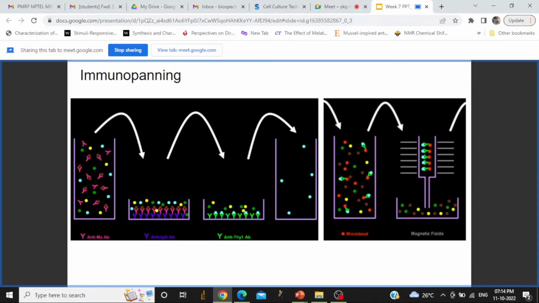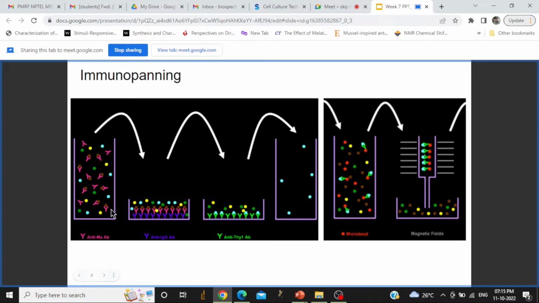Another cell sorting or cell isolation technique is immunopanning. Immunopanning is also a technique in which, as I already said, the separation is only possible because each cell has some specific markers. Because of those specific markers, antibodies are attached to the cell, and the antibodies will help in the separation of these cells.